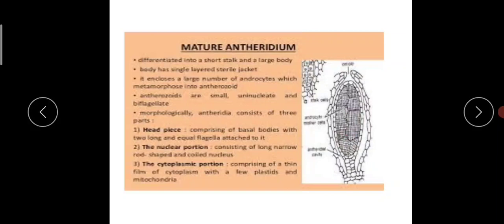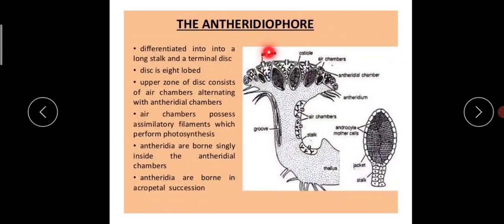And regarding the dehiscence of antherozoids, water will be collected on the peltate disc, or in the rhizoidal grooves of the antheridiophore. And this water enters into the antheridial chamber through the ostiole. Water enters into the antheridial chamber, and the cells at the distal end of the jacket disintegrate.